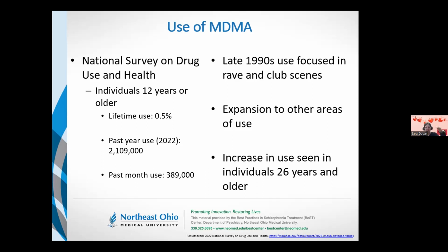It looks like the numbers have dipped slightly between 2021 and 2022 in past year and past month use for the younger cohort. But those who are adults and older, it looks like it's stayed the same or gone up just slightly in those same past year and past month use. So not a robust change, but it definitely is out there.